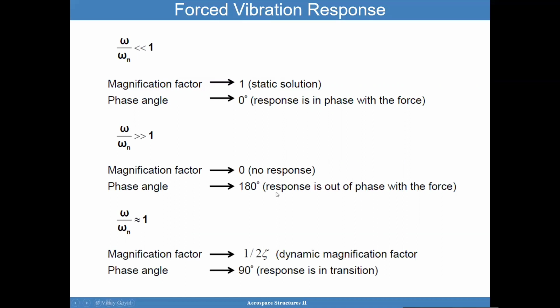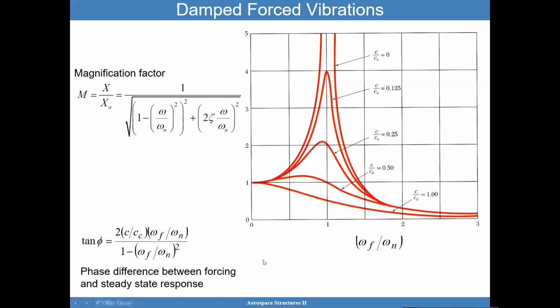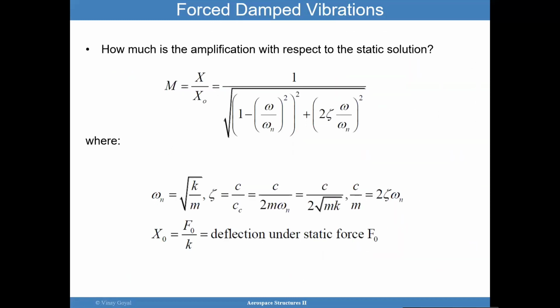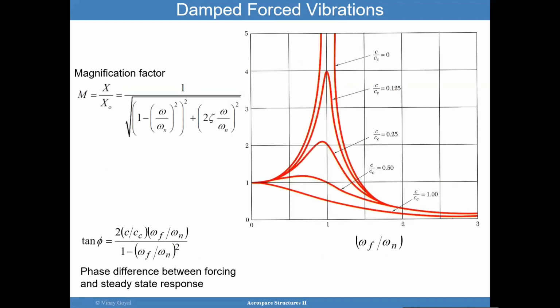And the phase angle will be such that the response is out of phase with the force. If omega is close to omega n, which is when you have resonance condition, the magnification factor is really given by 1 divided by 2 zeta. And we discussed that that symbol is a ratio of C, which is the damping coefficient, divided by the critical damping, where critical damping was defined earlier in the charts.